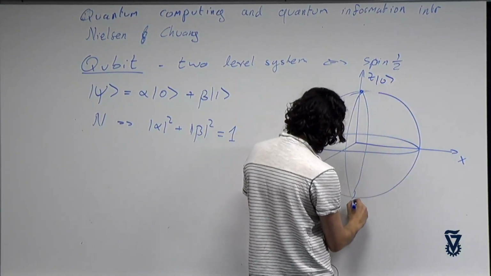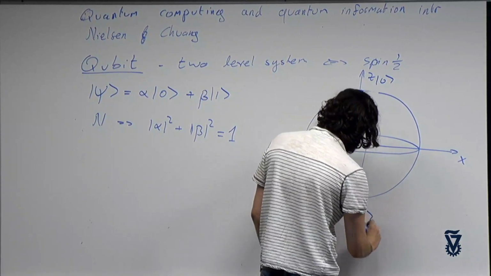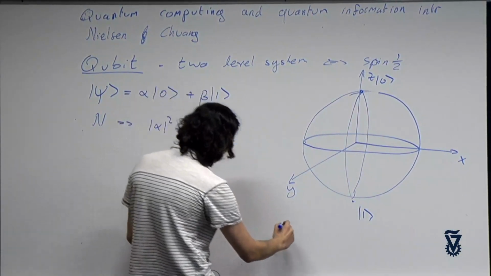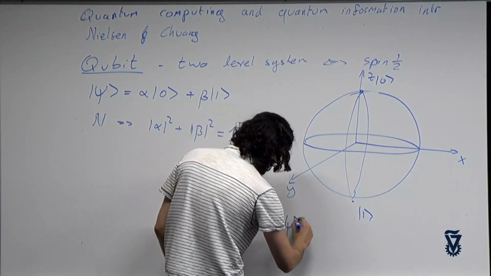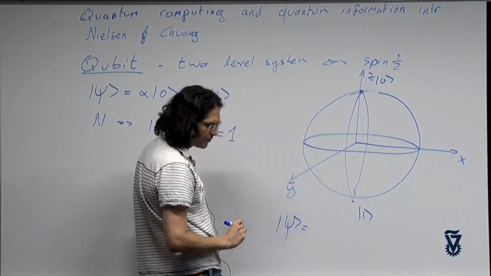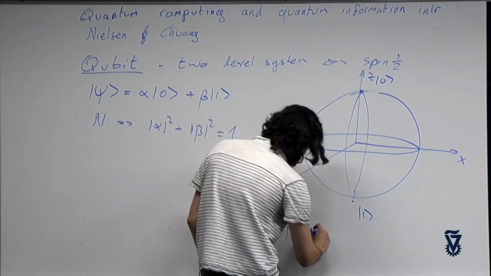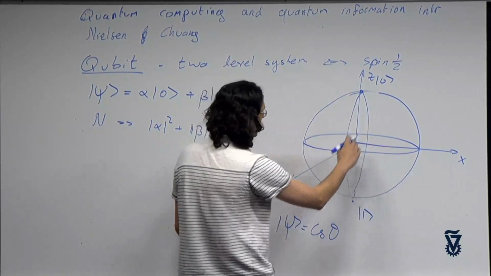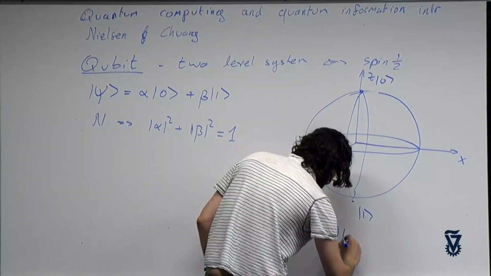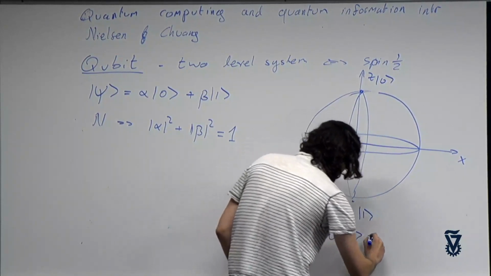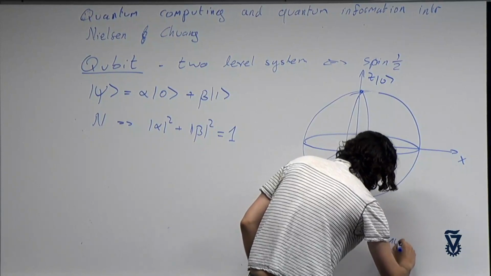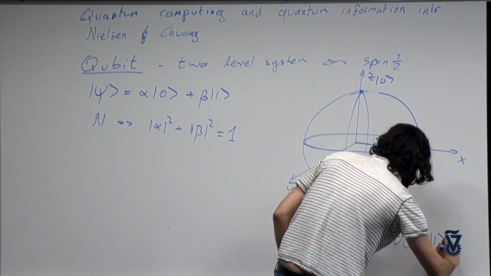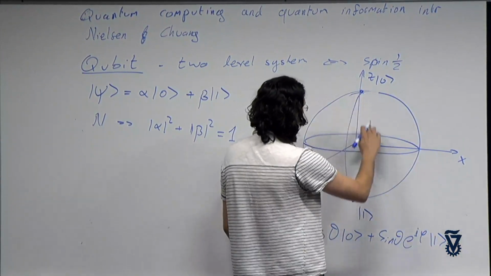We call this state over here 1, and then our wave function psi, if we parameterize alpha and beta, can be written as cosine theta |0> plus sine theta e to the i phi |1>. I'll draw theta and phi here in just a second.